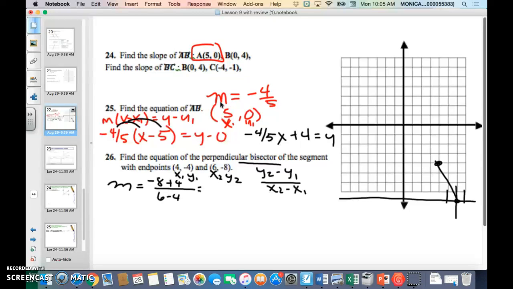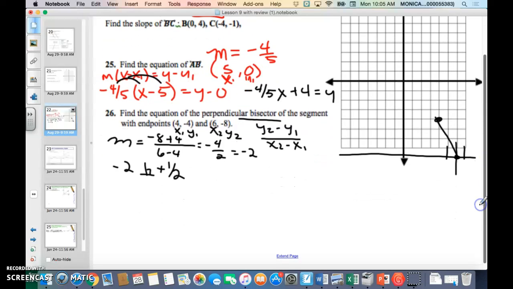So this is negative 4 over 2, which is negative 2. So my slope is negative 2. Then I got to find the perpendicular slope, which is positive 1/2. Okay, so now this is what I'm going to use as my slope.